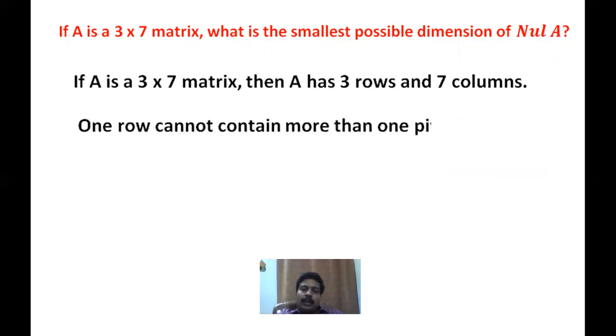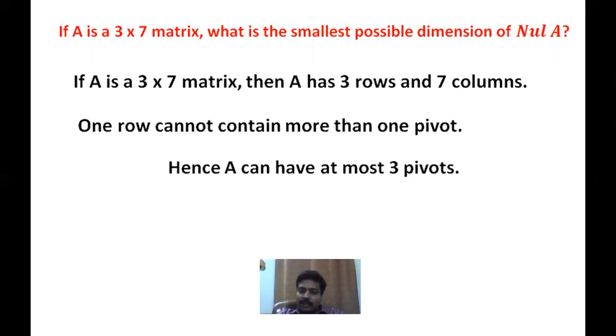One row cannot contain more than one pivot, as we have seen earlier. So A cannot have more than 3 pivots. At most it can have 3 pivots. So the largest possible rank of A is 3.